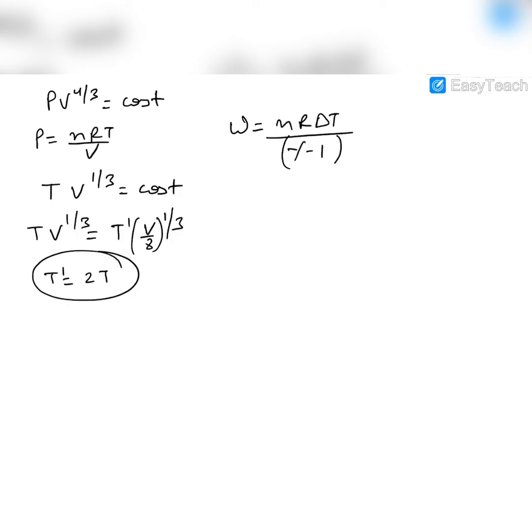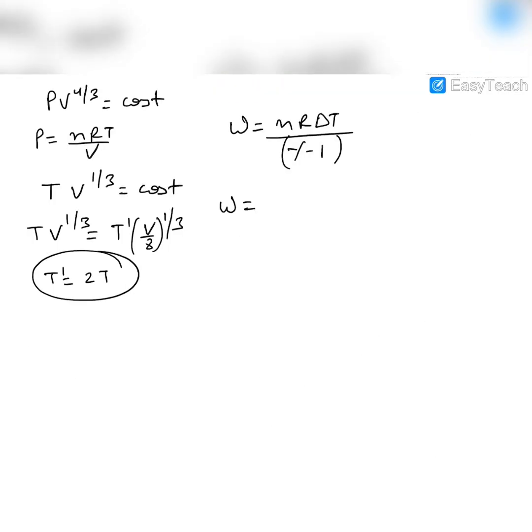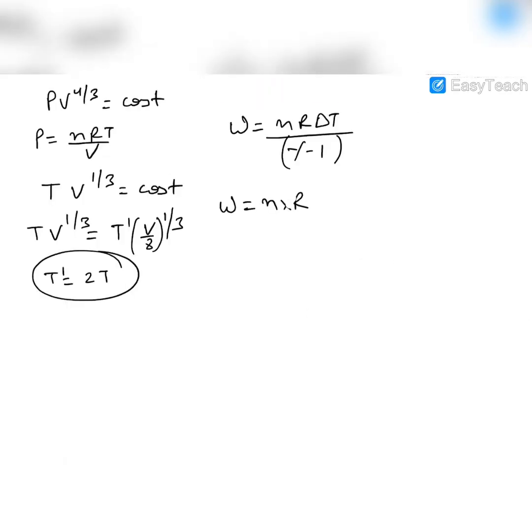Here n is 1, as given in the question, R is R, and delta T is T; we can find the magnitude only.